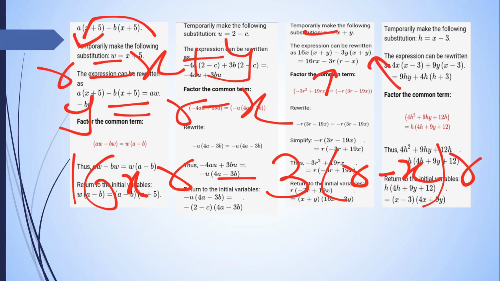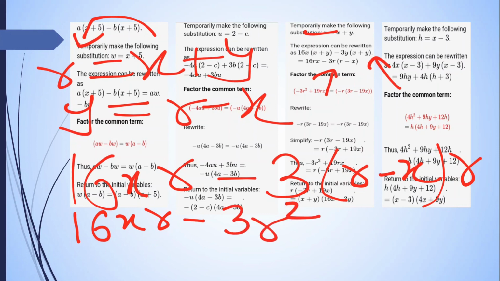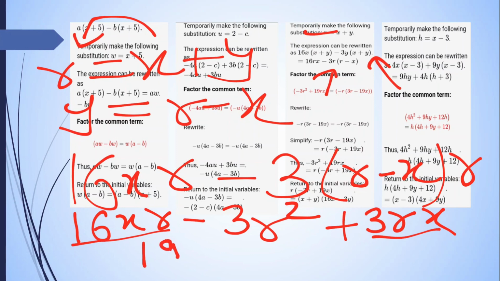Now what you have to do? You have to solve them. 16xr minus 3r into r, that is 3r square. Now minus 3r into minus x, so plus 3rx. Now 3rx and 16rx means 19rx minus 3r square.